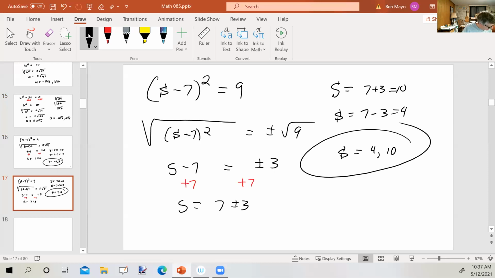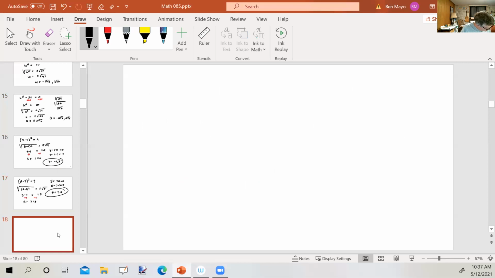Okay, let's see here. Now, this says, let f of x equal the quantity x plus 5 squared.